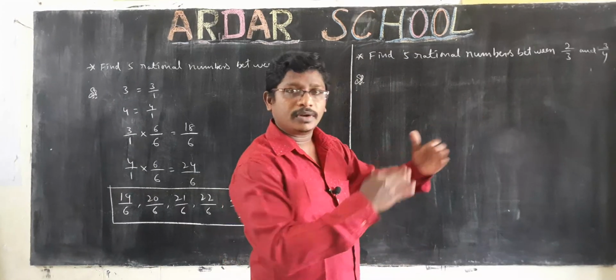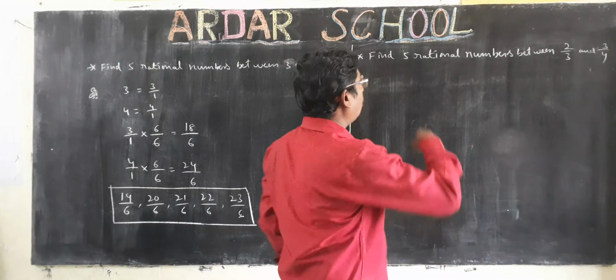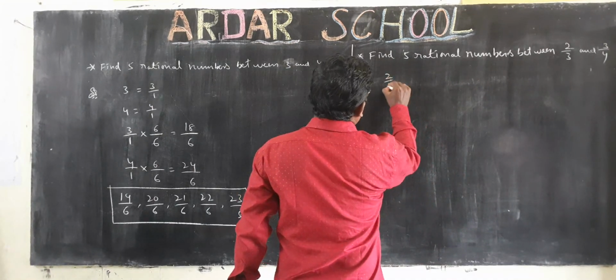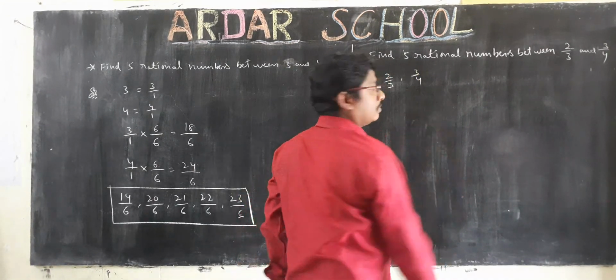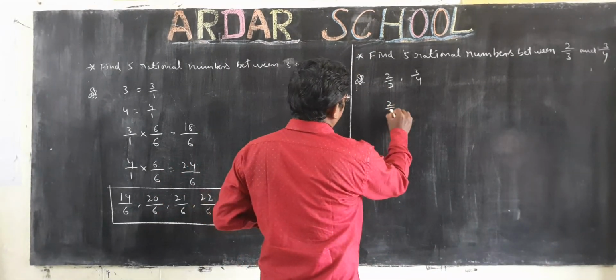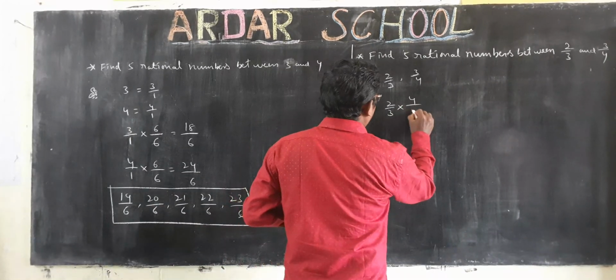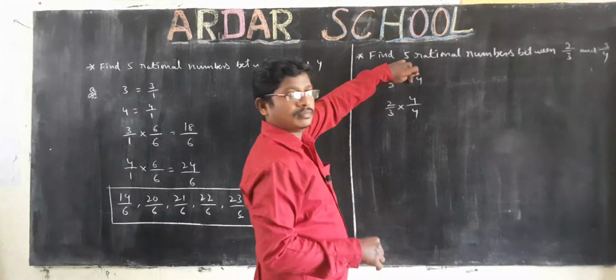First of all, we have to convert these unlike fractions into like fractions. 2 by 3 is multiplied by 4 by 1, the denominator of the second fraction.